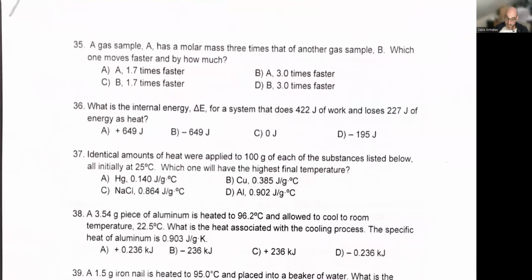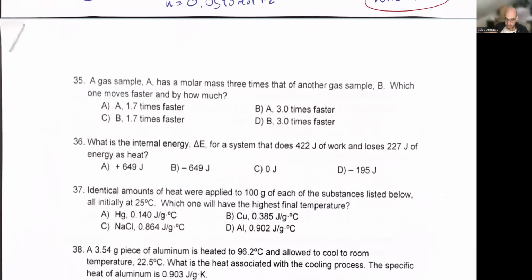A gas sample A has a molar mass 3 times that of B. Which one moves faster and by how much? You should have the equation for this. This isn't a diffusion thing. What you end up with is molar mass of A divided by molar mass of B. Right, yes, it is going to be based on the molar mass.